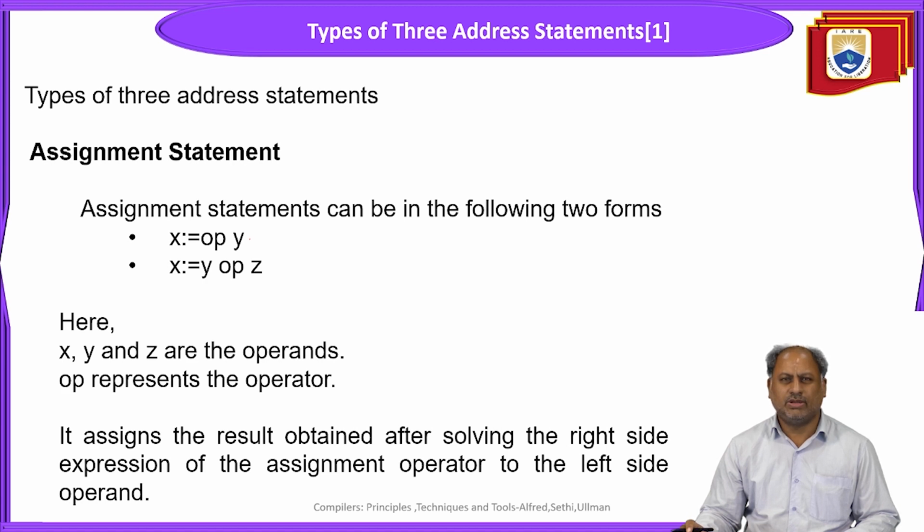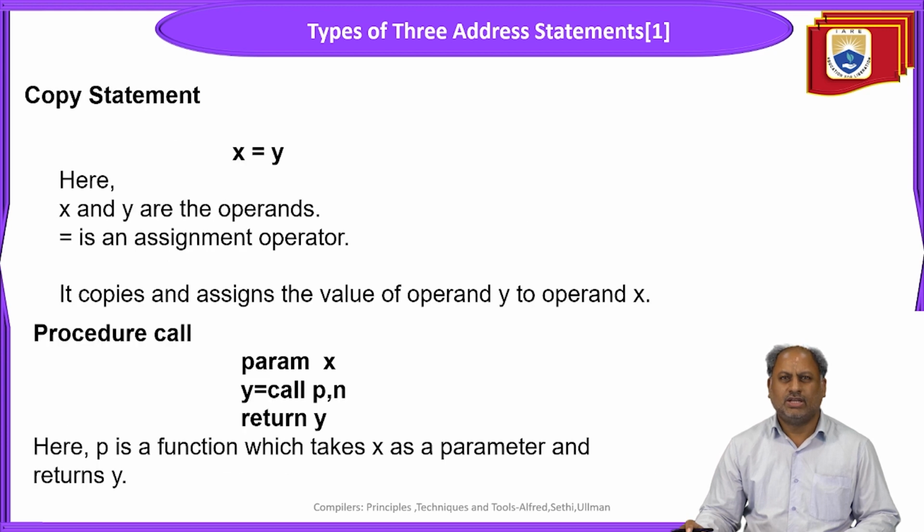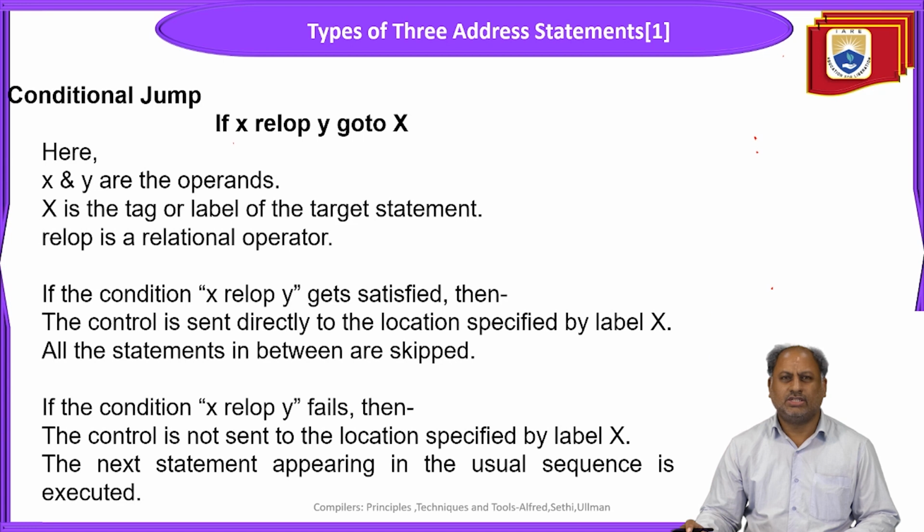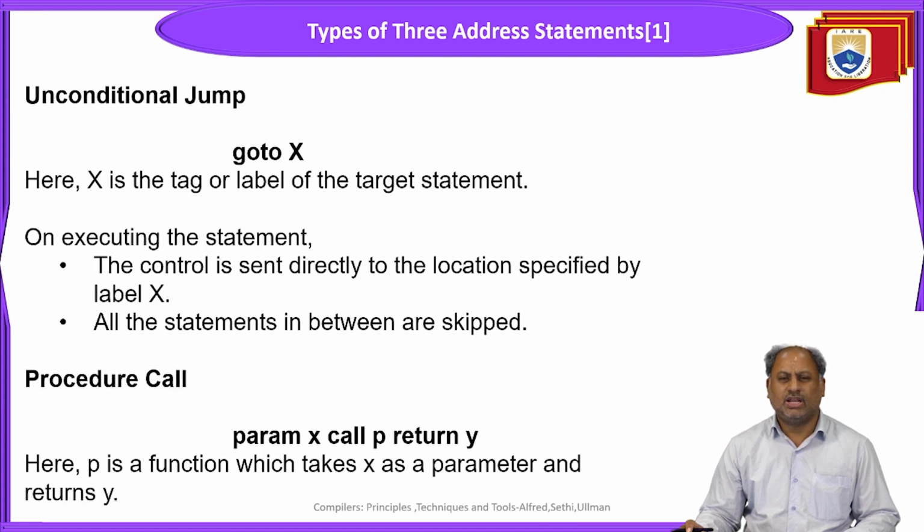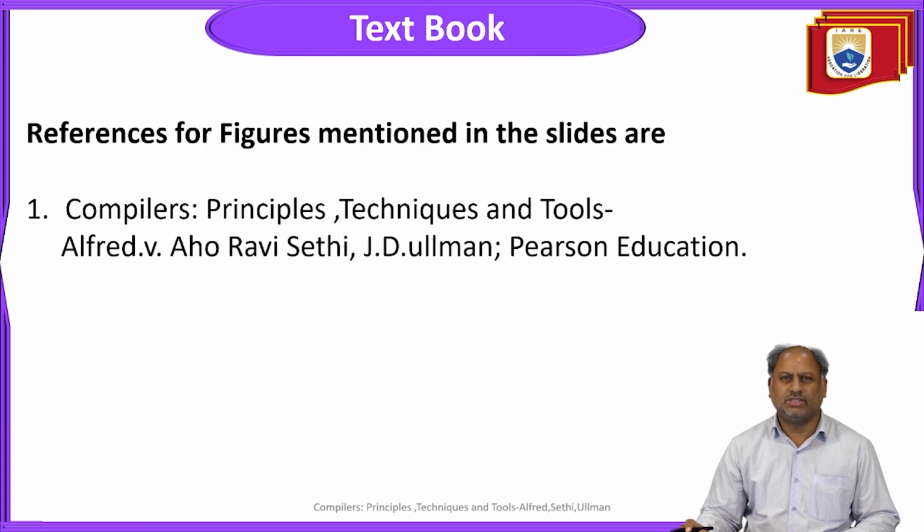Finally, we described the general types of three-address statements: assignment statement, copy statement, procedure calls, conditional jump, where based on a condition we jump to a particular instruction, and unconditional jump, where without checking any condition it goes directly to the specified location, and procedure calls with their format.